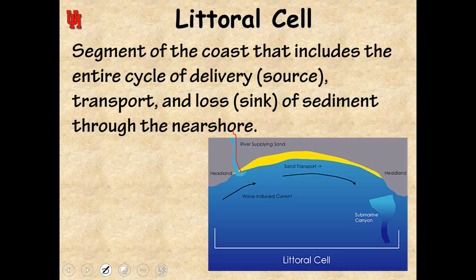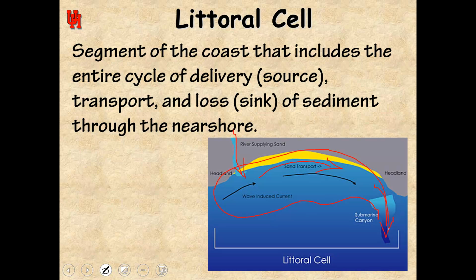Here, the river is the source of the sediment. The sediment is being transported laterally by wave-induced longshore currents, and it's being ultimately removed by submarine canyons. So here we have something analogous to a narrow drainage basin where that sediment is coming in.